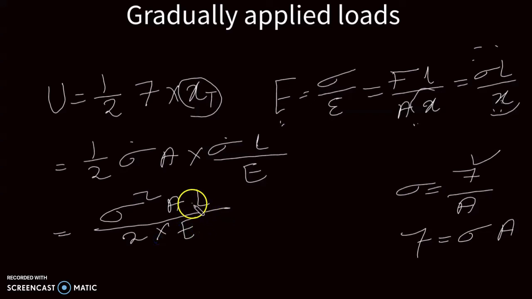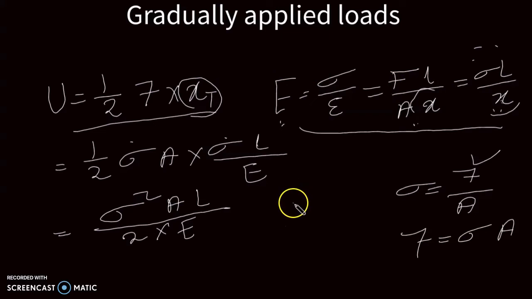You don't have to cram this. I'm just trying to show you that you can manipulate the formula in such a way that will be suitable for the information that you are given. As long as we are working from this formula and this formula, you can solve any question that you are given in gradually applied loads.